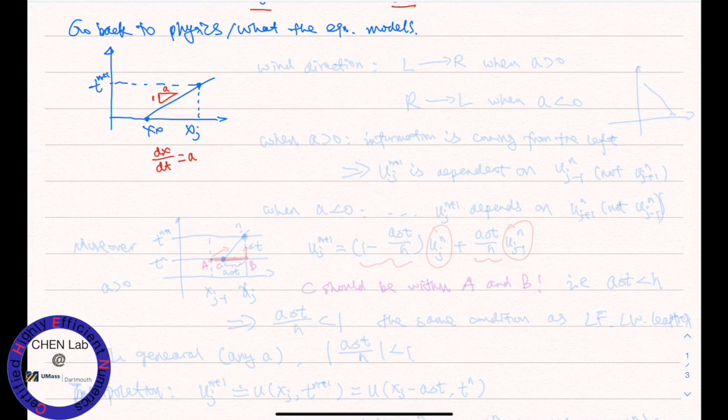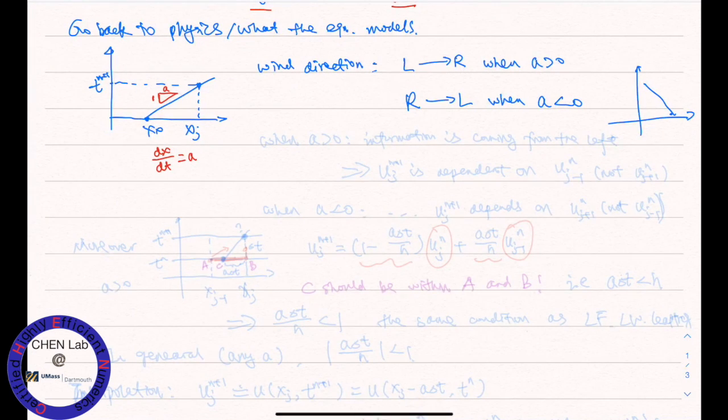Then it's pretty clear that we have some sort of a wind direction. That's what we alluded to in the earlier video also. So think of this transport as a wind. The wind is blowing from left to right when a is larger than 0, and it is blowing from right to left when a is less than 0.